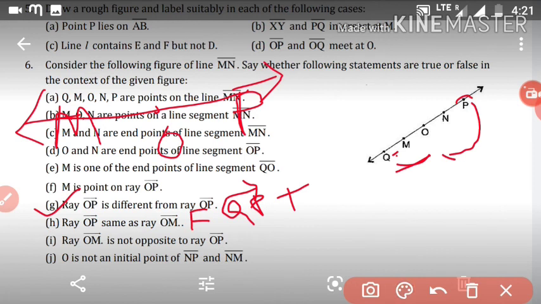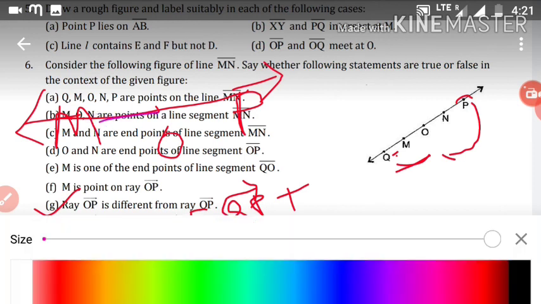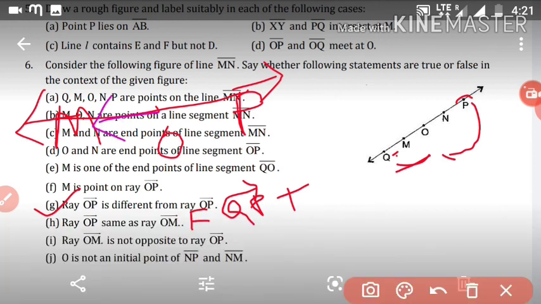So in I it is given ray OM. So this is ray OM, isn't it? Now ray OM is not opposite to ray OP, but they are opposite, isn't it? One ray is on this left side, and the other is on the right side. So this will be false.